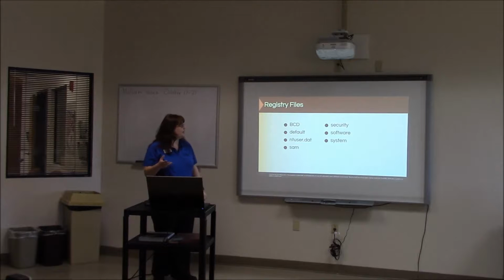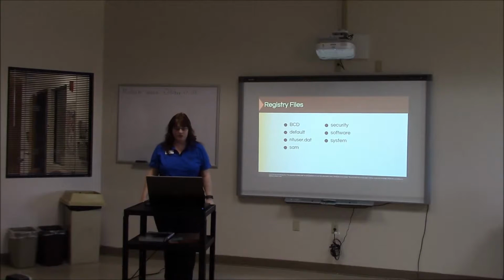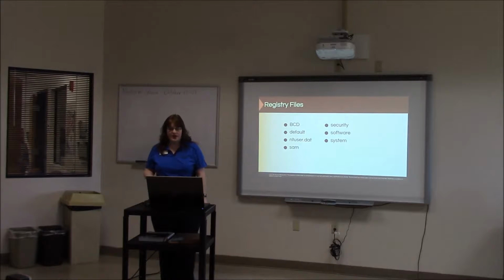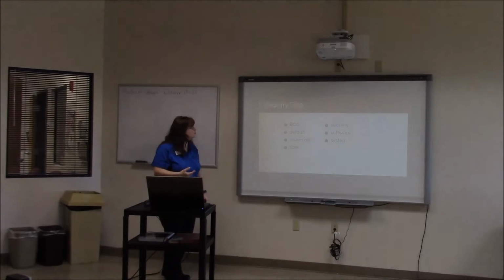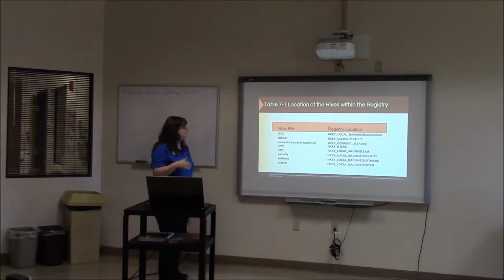And registry files come in different types. They're actually binary files. They're 1s and 0s files. Each one of those is represented in what's called a hive. So these are some of the files that you might see inside the registry. Each one of these types of files has its own little location that it stays in.